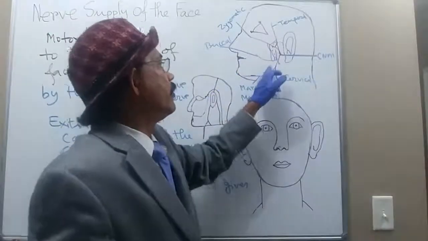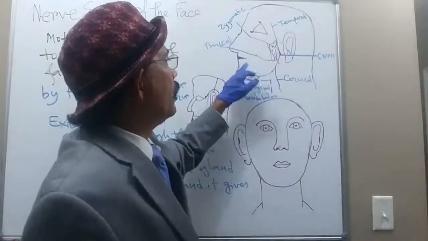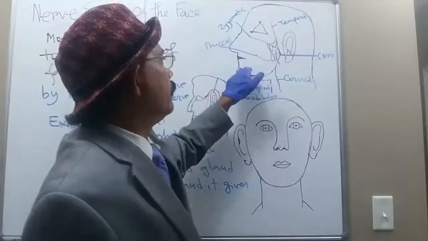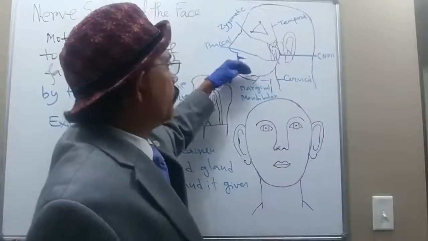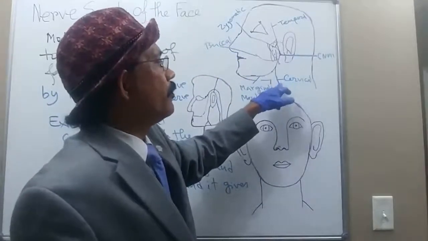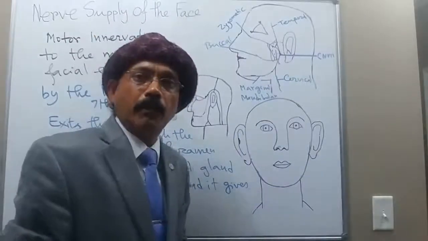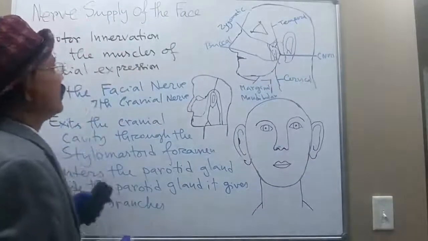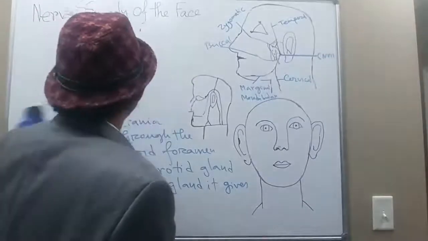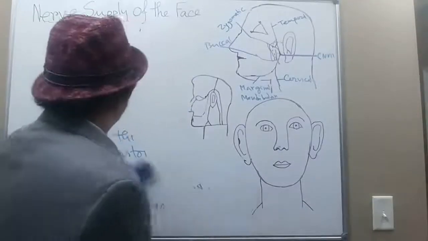The marginal mandibular branch supplies the muscles of the lower lip and the muscles along the lower part of the face. The cervical branch supplies the platysma muscle. So we got the motor innervation of the facial nerve.